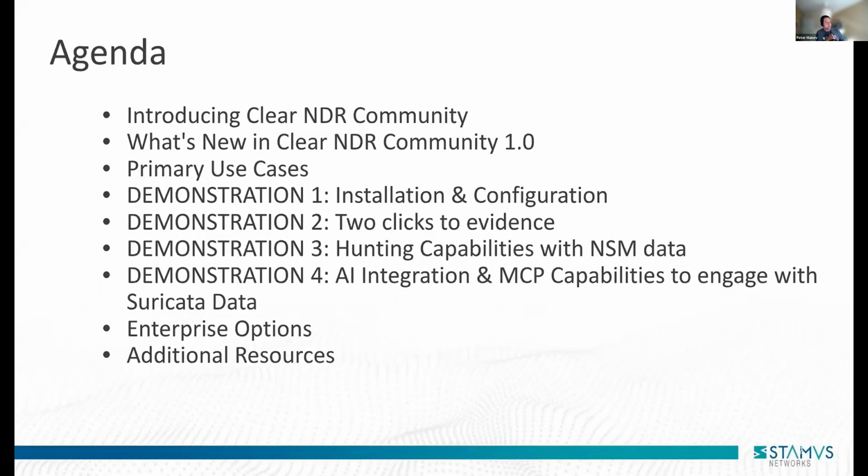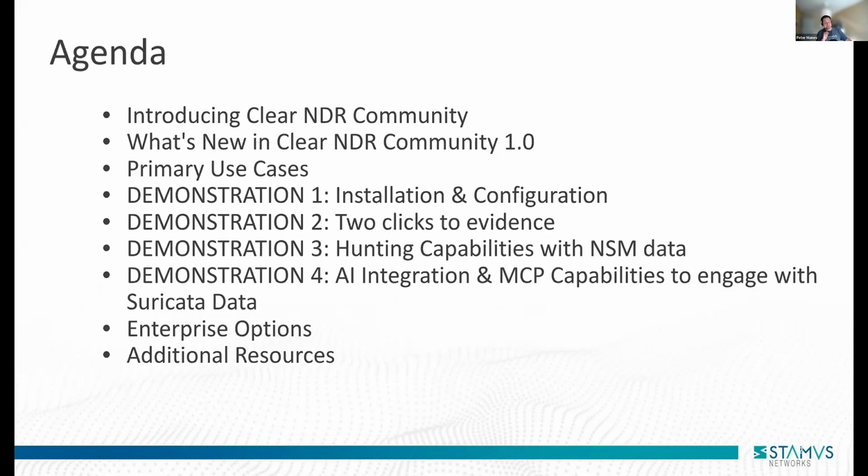All right. So let's go a little bit over the agenda, what we'll try to do here today. Of course, we'll talk a little bit about Clear NDR Community to begin with, what it is, and we'll dive into some hands-on demos, primary use cases, what resources, where to find more information, and what options exist for deployment and similar things.